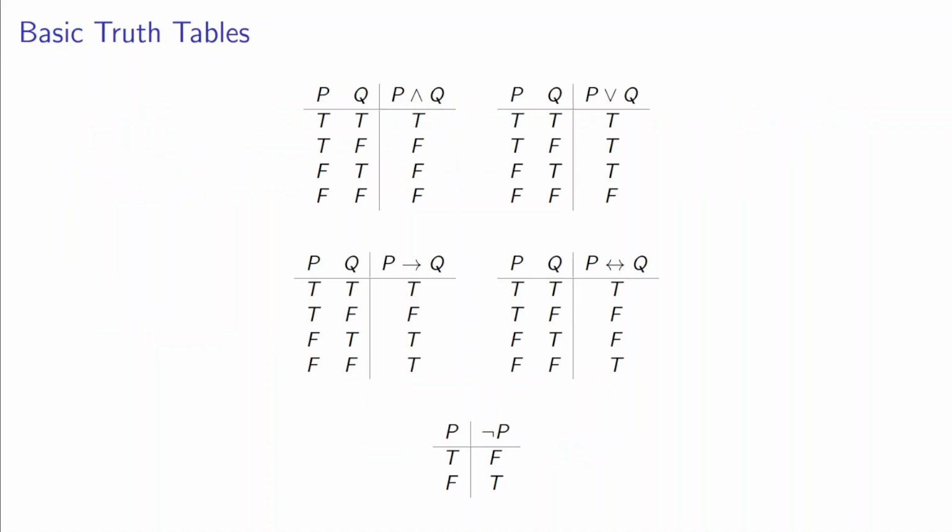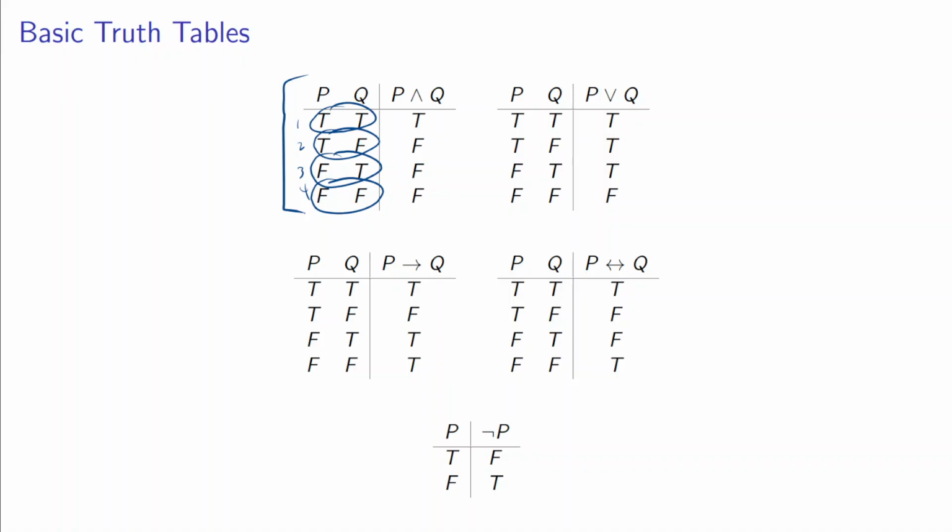Here are some basic truth tables for some of our basic molecular statements. All of these include either just P, as we see at the bottom, or P and Q together. Two statements for this example means we have 4 rows, which gives us all the possible combinations of P and Q being true or false.